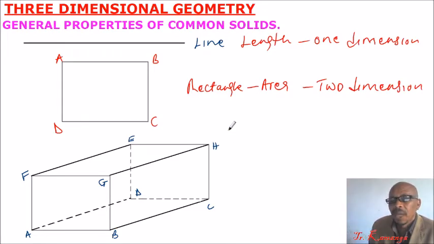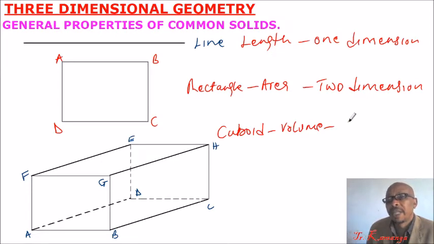This is a cuboid. For a cuboid, you can find the volume. It is a solid. Then, for any solid or figure where you can find the volume, we call it three-dimensional. So one dimension is when you find the length.